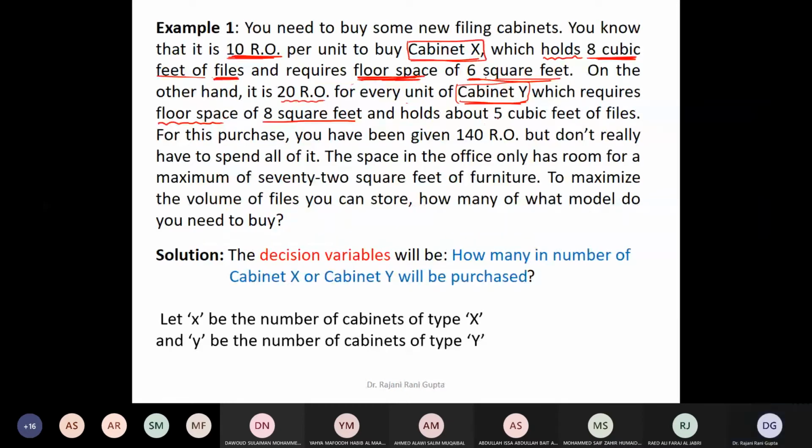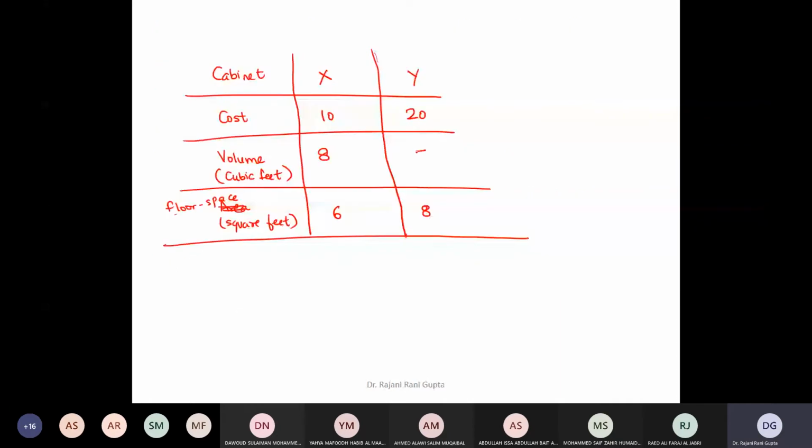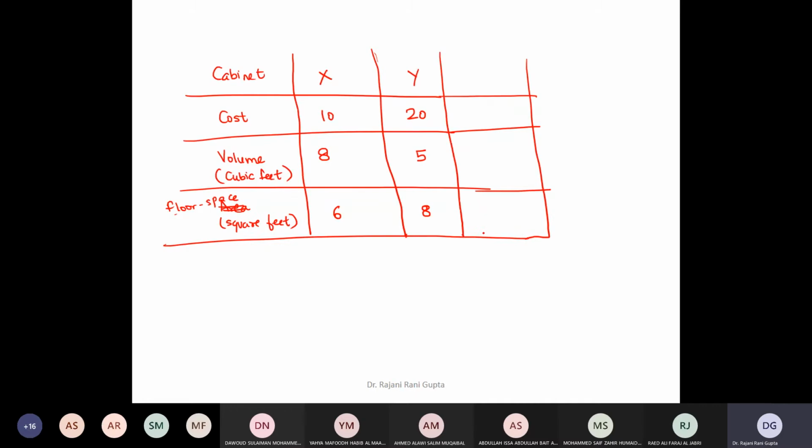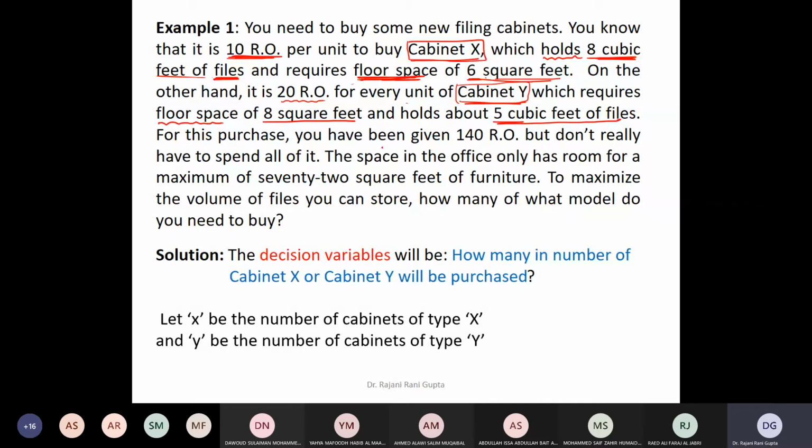I hope up to here it is clear to all of you. Very clear. Okay, now let's go to the next part of the question. So we finished up to here. For this purchase, you have been given 140 riyals, but you don't really have to spend all of it.